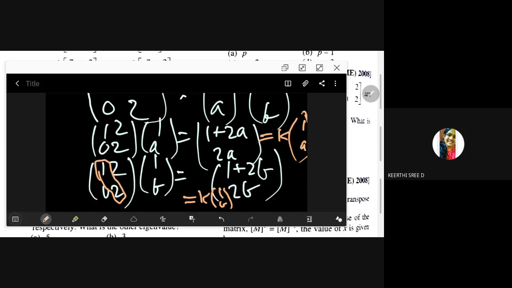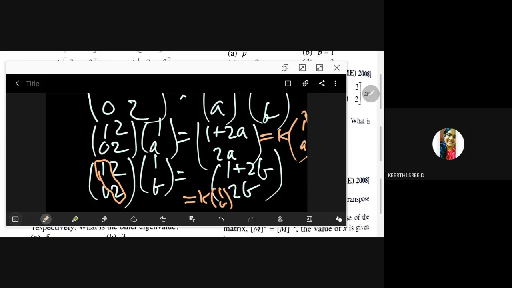If it is 1, then 1 plus 2a must be equal to, can it be 1? No, there is some problem here. Is the multiplication correct? 1 plus 2a, very good. This is 2a. Okay, nice.